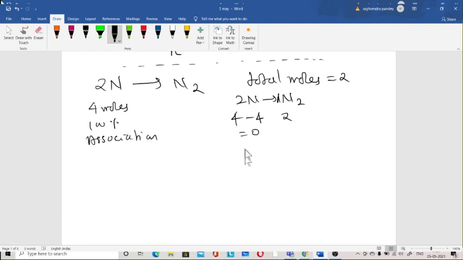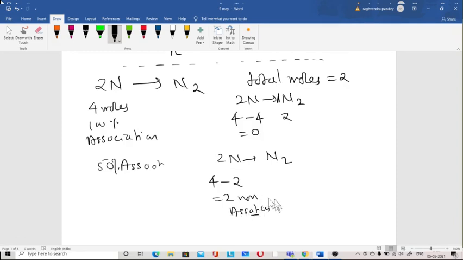No, not like that. Suppose it is 50%. If we take 50% association, 4 moles of 2N giving N2, so out of 4, 2 will associate and 2 will not associate. It is a non-association here.